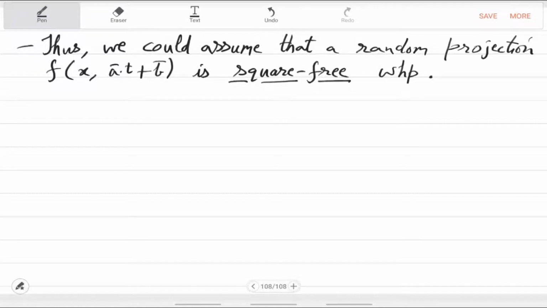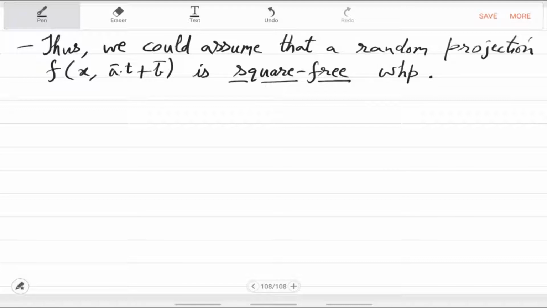Okay, this is because even if you just look at the t equal to 0 case, f(x, b bar) is square free with high probability, and so with the variable t it will continue to be square free. So since we are using random projections, we can assume from now on that this f(x, a bar t plus b bar) is indeed square free.